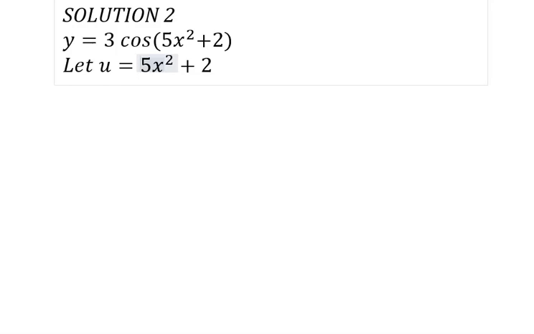Now by implication, if u is now this, that means all you have here has turned to u. That means all what you have here is now u. That's the meaning. 3 cos u. That's what you are going to have.